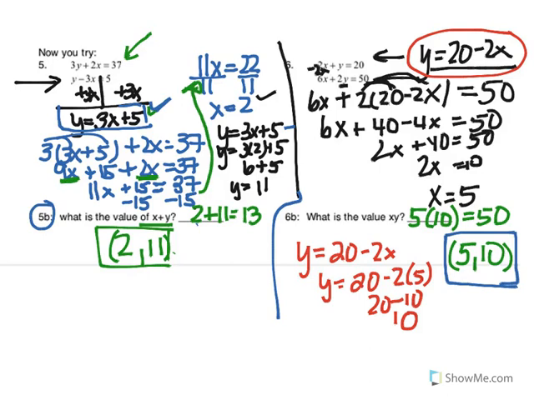And once you know that x equals 5, I use this equation again, y equals 20 minus 2x, and I put the 5 in for x, so you get y equals 20 minus 10, and so y equals 10, right down here. So then part B of this question said, what is the value of x times y? And 5 times 10 equals 50. So there you go. Let's go on.